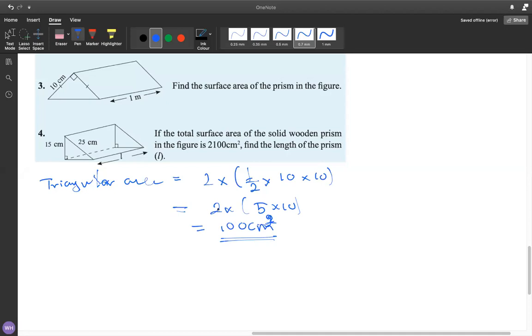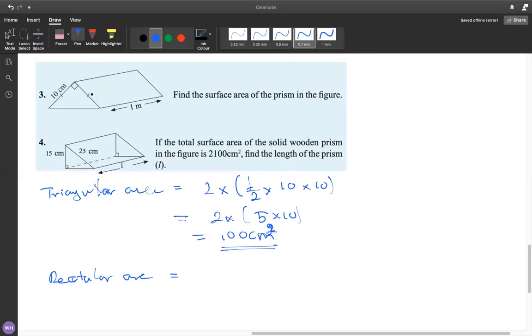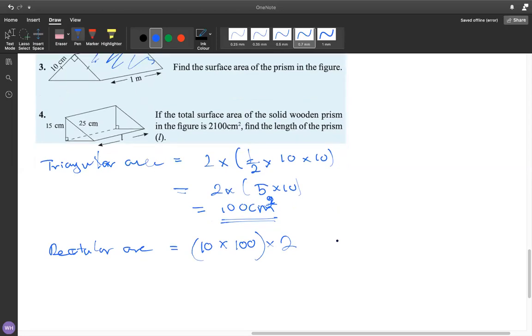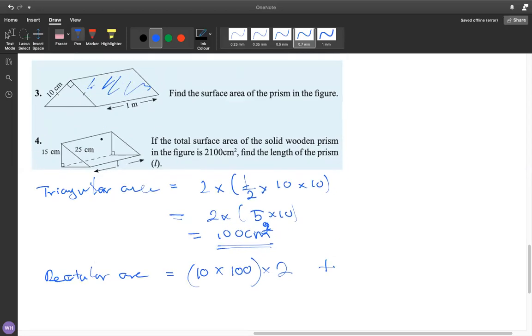And then you need to find the rectangular surface area. Here also you have two similar rectangles in which one side is 10 centimeters and the length is 100 centimeters. So there are two such rectangles. Then the other rectangle comes, but we need to find its breadth.